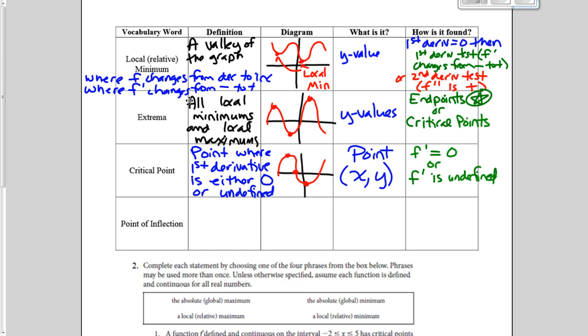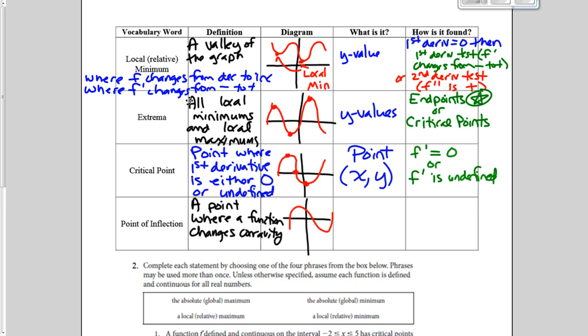Lastly, we have a point of inflection. A point of inflection is a place where a function changes concavity. And again, it's a point. So where a function changes concavity is where it changes from concave up to concave down, or from concave down to concave up.